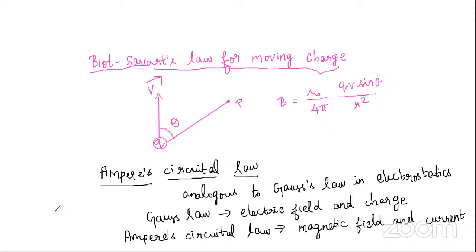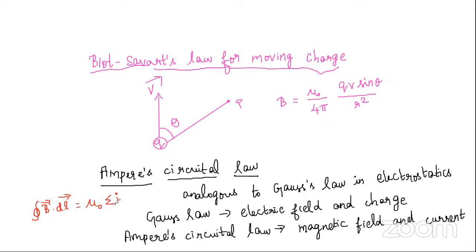It is just a closed integral. This Ampere circuital law is given by a closed integral. So mathematically, that is represented like this: closed integral B dot dl is equal to mu naught into sigma I. Sigma I means the summation of the currents enclosed in a loop.